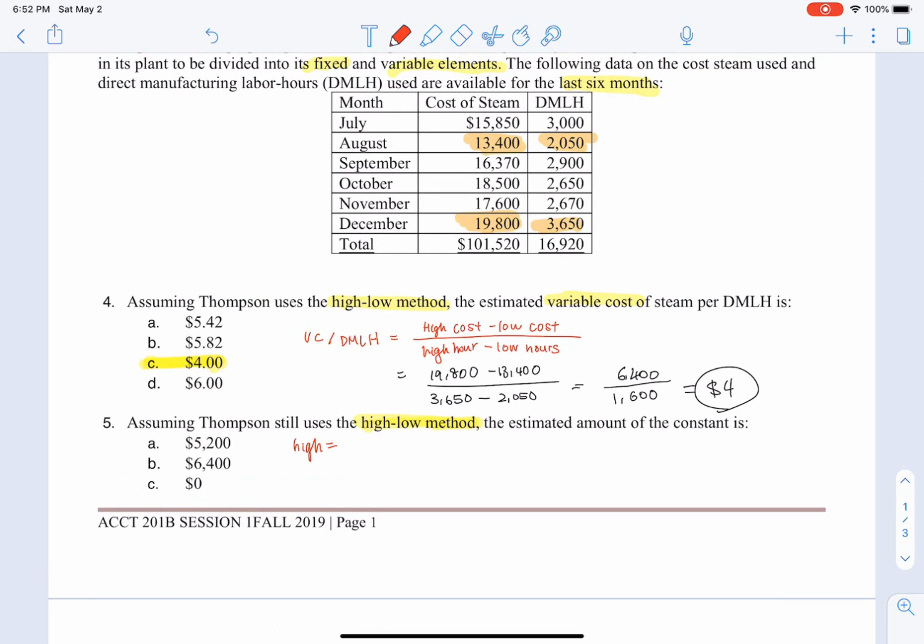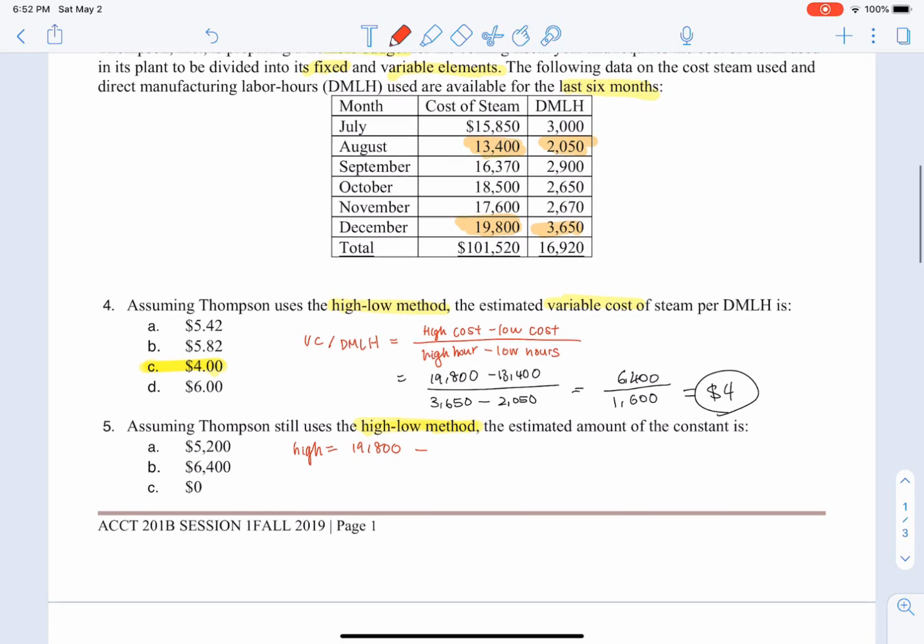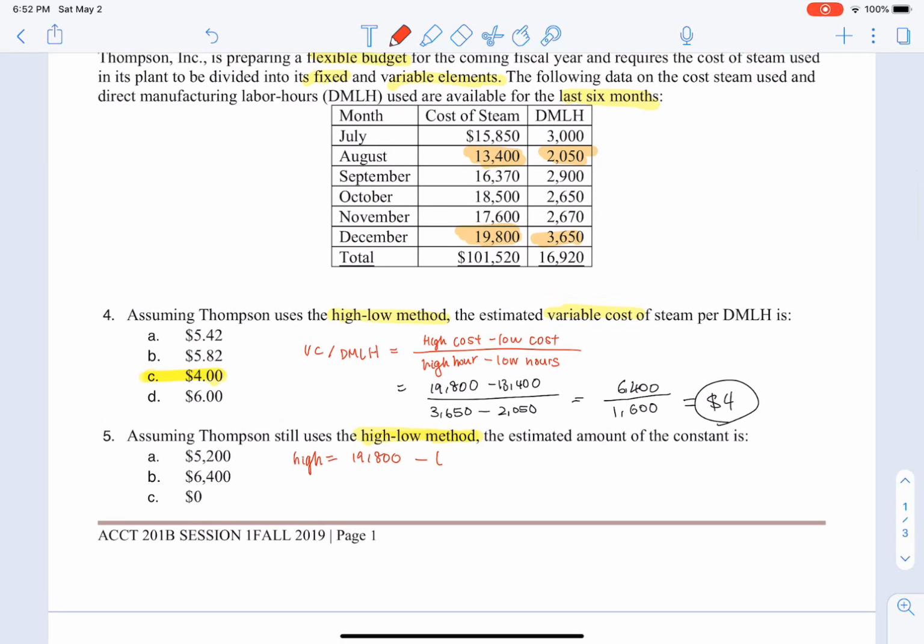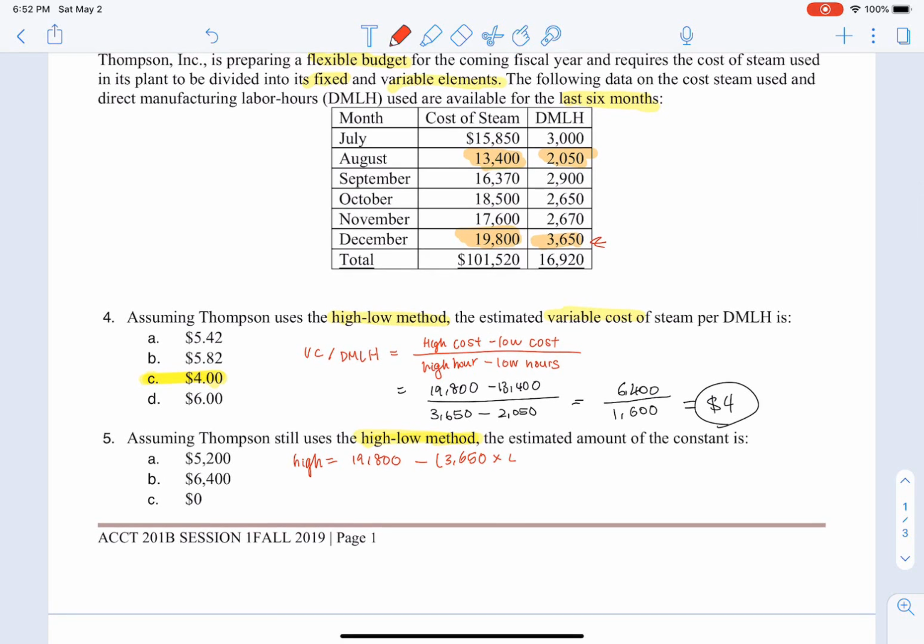So we know the highest cost is going to be 19,800. We just subtract the highest hour, which is 3,650, and we times with the variable cost per direct manufacturing labor hour, and we ended up with 5,200.